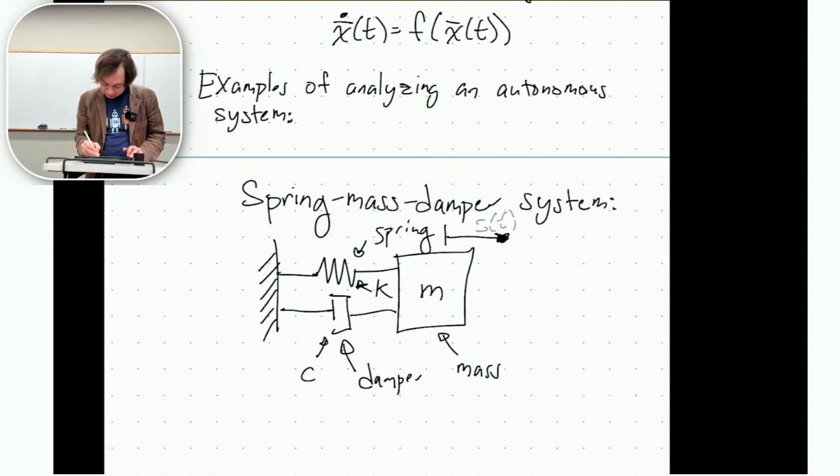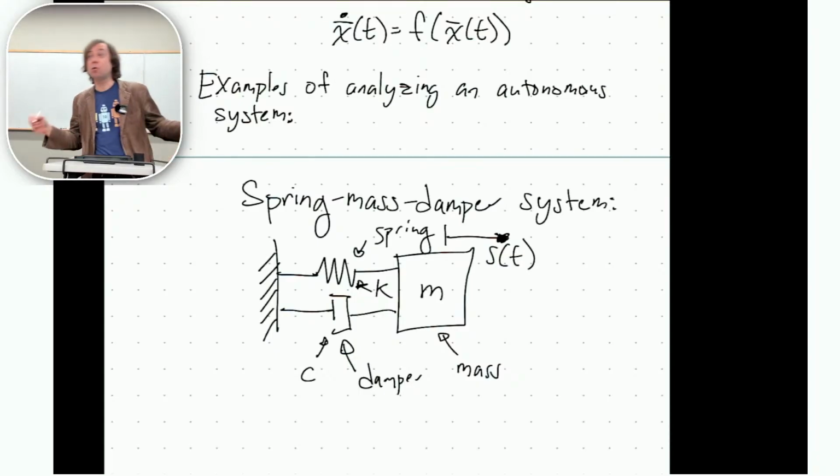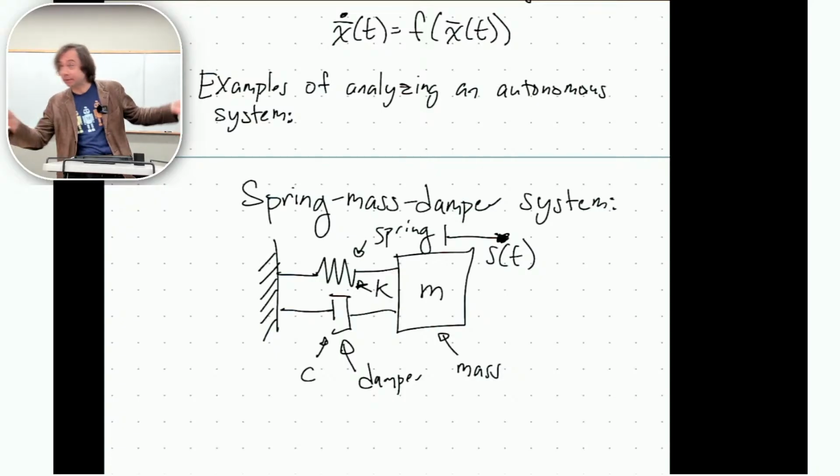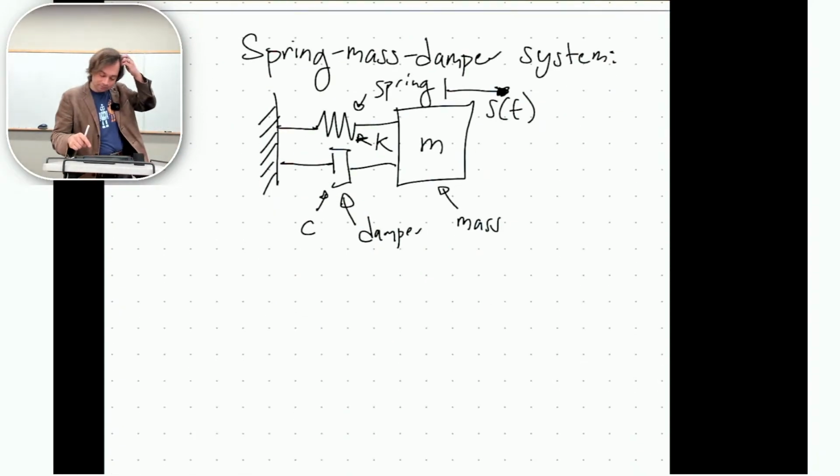And you're like, Dr. Hubicki, why not X of t? Why not X of t, friends? We've already used it. I probably will reuse it by mistake at some point in these lectures, but, right?